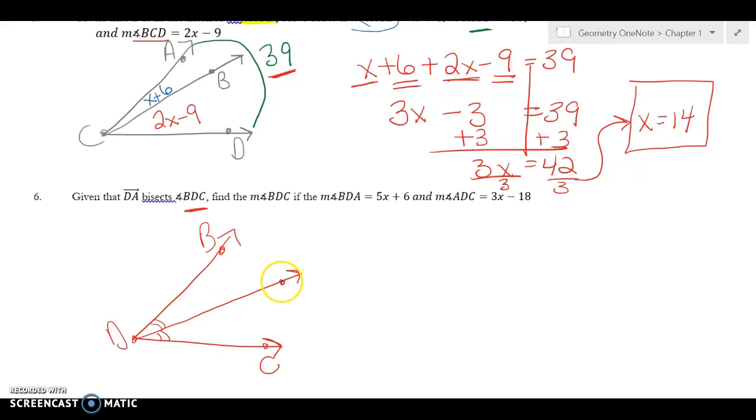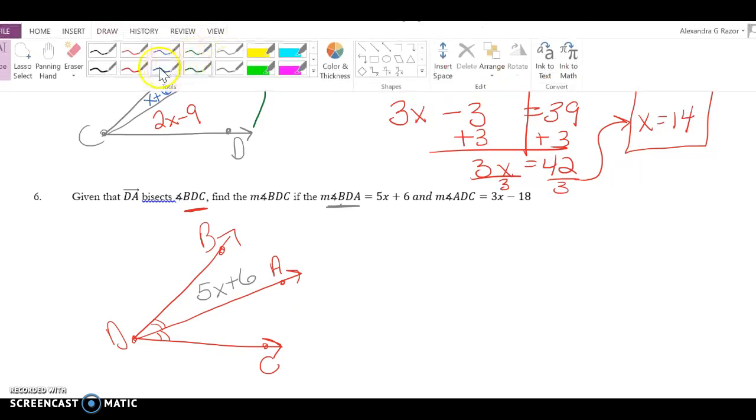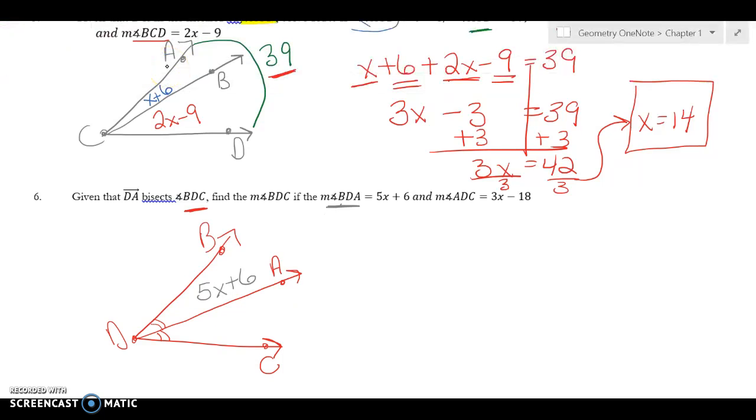Now, the other part of that is A, and I'm going to put my numbers on my picture. B to D to A is 5x plus 6. And then A to D to C, the bottom angle is 3x minus 18.